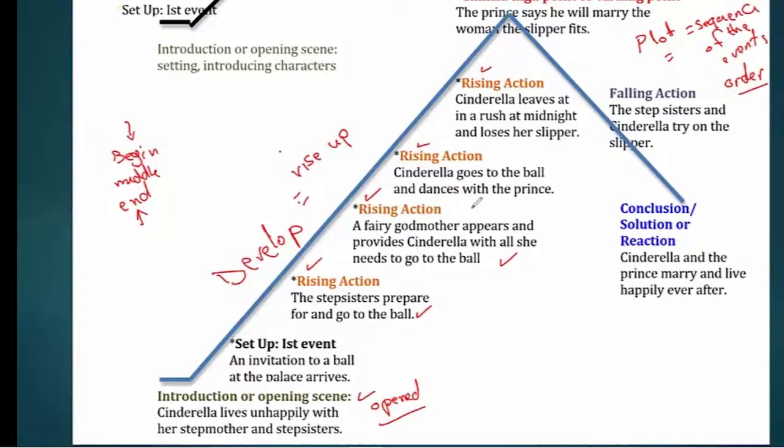Again, still the rising action, the events going up. Cinderella goes to the ball and dances with the prince. Until now, there is no problem because these are the regular, logical developments of the events. One point to take into consideration is the top of the events, which we name the climax.